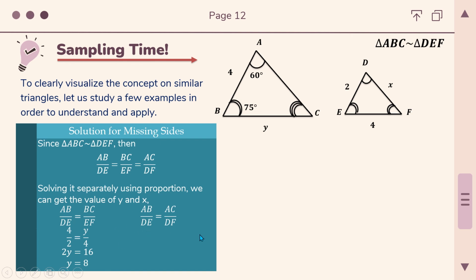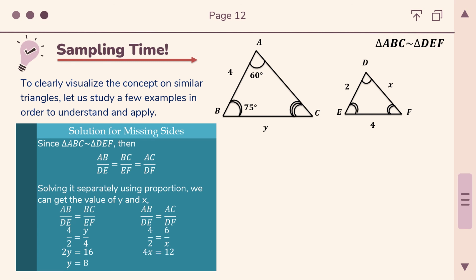Okay? So, plug in the values of AB, which is 4, over DE, which is 2, is equal to AC, which is 6, over DF, which is x.